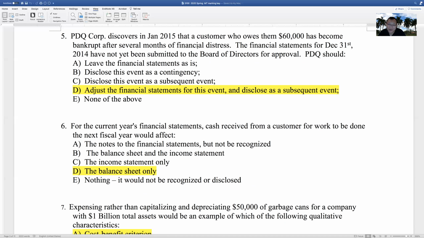You have to adjust the financial statements for this event to write off this client, and you are going to disclose this as a subsequent event. Does that make sense? This is question 5.